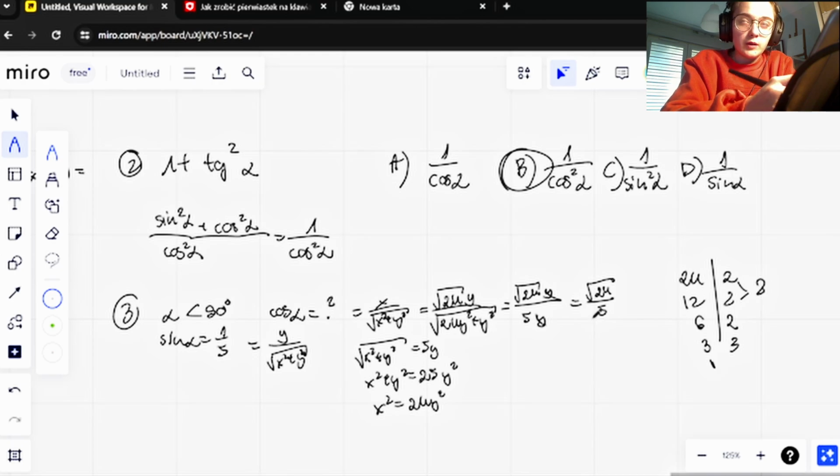So like here is the root 2. The square root of 24 is 2 square root of 6. You just multiply this.